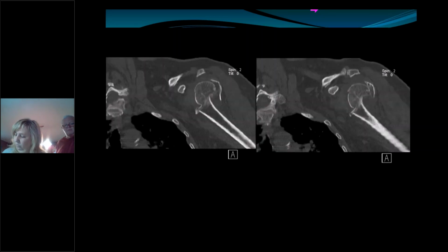You know, years ago, before the day of shoulder replacements, a lot of times you just put these people in a sling and swathe, or a shoulder immobilizer, and left them alone. Depending on how active that person is, you may or may not want to refer them on for more therapy in terms of possible shoulder replacement.